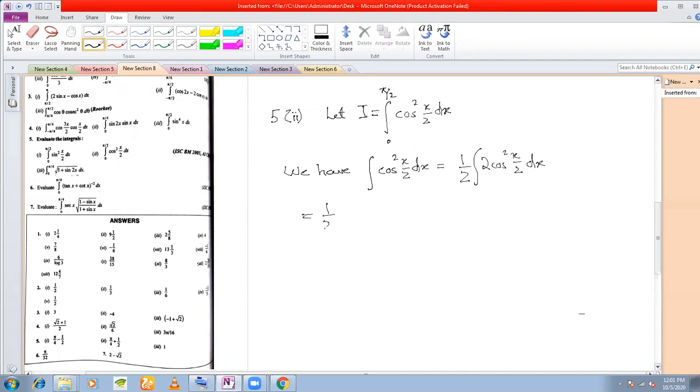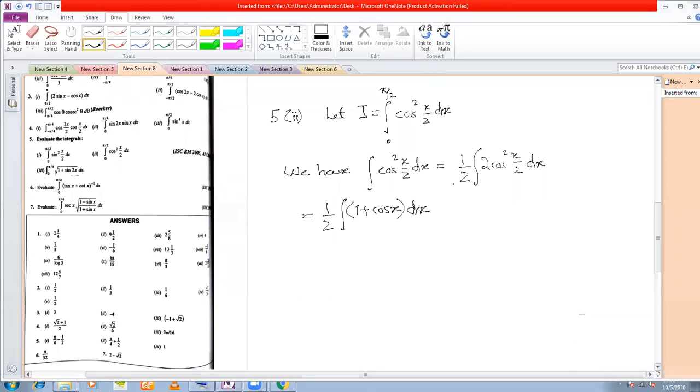It is equal to half. Now 2 cos square x is what? 1 plus cos 2x, or cos of double the angle. So this becomes 1 plus cos x simply, 2 into x by 2, double of x by 2.